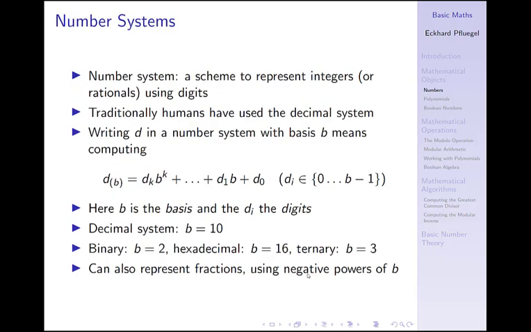So what's a number system? A number system is something we use to encode a given value, an integer value, but it could also be a fraction, using digits. And traditionally, and you can probably guess why, humans have used a system based on 10 different digits.